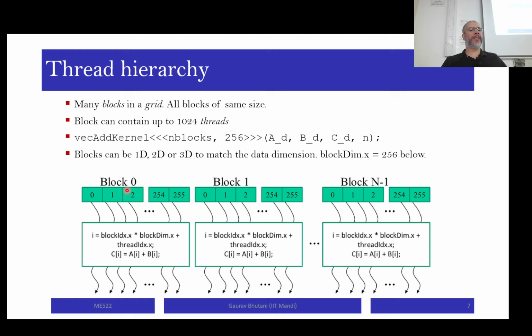So let's say we are working with the second thread here in block 0. It takes the index 0 times 256 plus 2, that is I equal to 2. But if you are working with this thread in block 1, then it takes the index 1 times 256 plus 2. So that's 258.